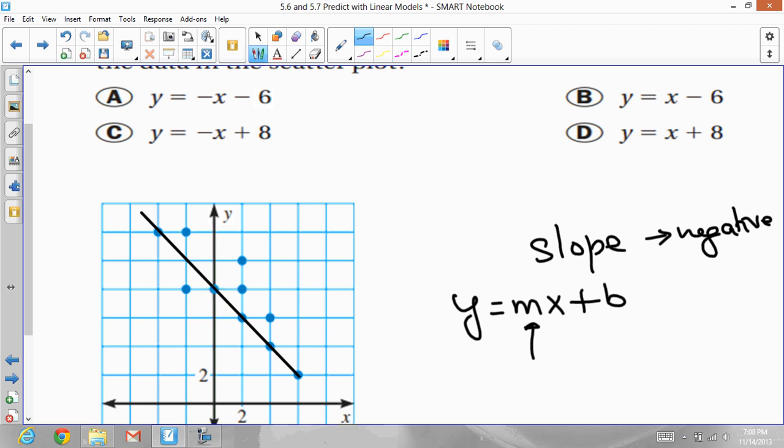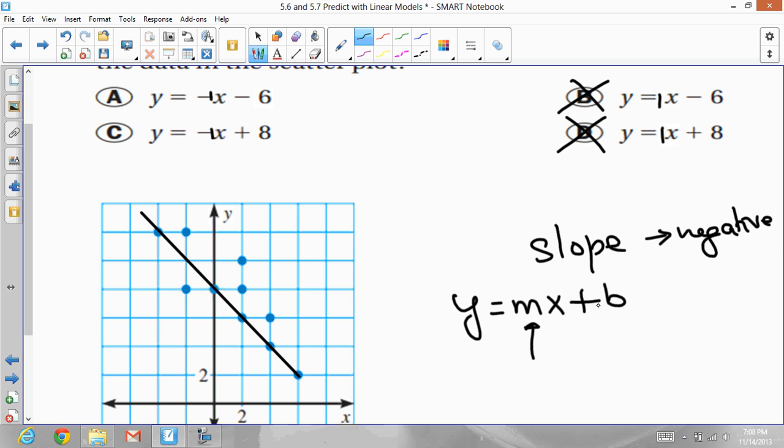This is a positive slope, and if you take it as a 1, since there is no number, you take it as a negative 1x. Now your slope in this case is negative 1, negative 1, positive 1, positive 1. Now remember the way the line slopes down. It is negative, so I'm going to cross out B and D out of my choices. Now look at A and C. Negative 1x minus 6, negative 1x plus 8.